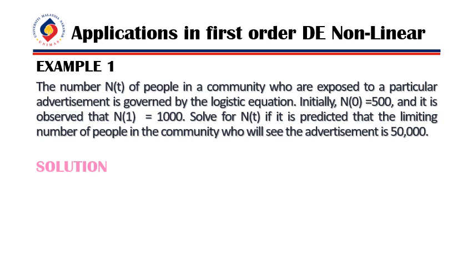So this is the number of people in the community initially, right? And it is observed that when t is equal to 1, it is double the amount, which is 1000. Okay, so for N(t), it is predicted that the limiting number of people in the community who will see the advertisement is 50,000.